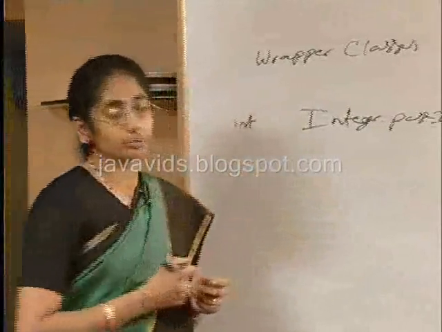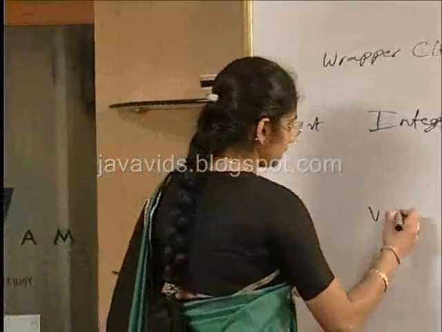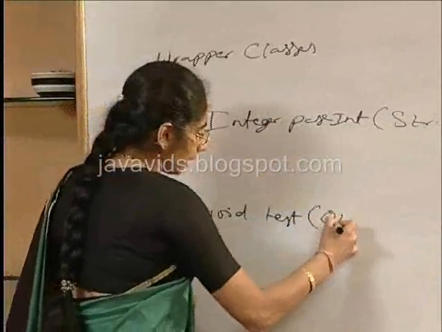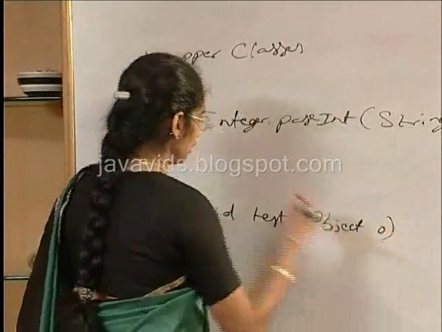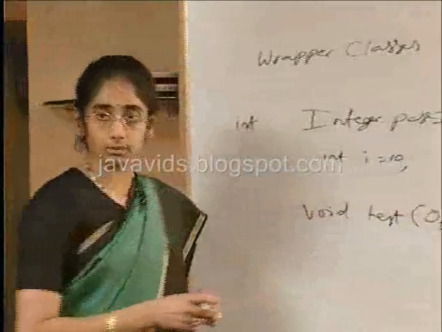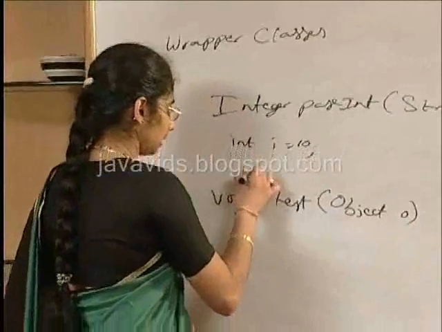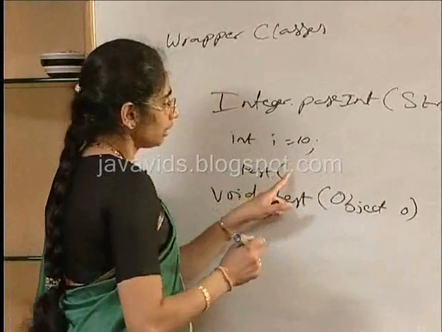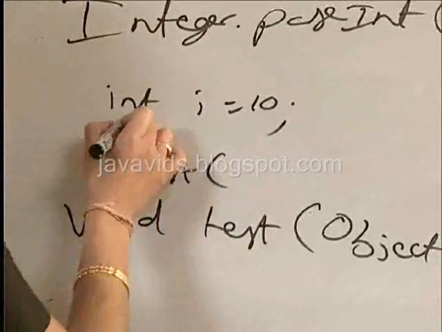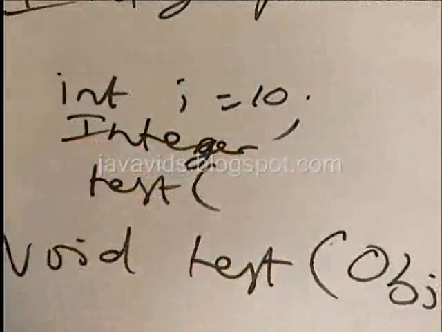Another reason for wrapper classes, we said, is because we have a method, let's say void test. If this method parameter is an object and I have int i equal to 10 as a variable with value, which I require to pass into the test method by calling test, you cannot pass this primitive data type as a parameter here. So what you need to do is convert this to a wrapper class object.